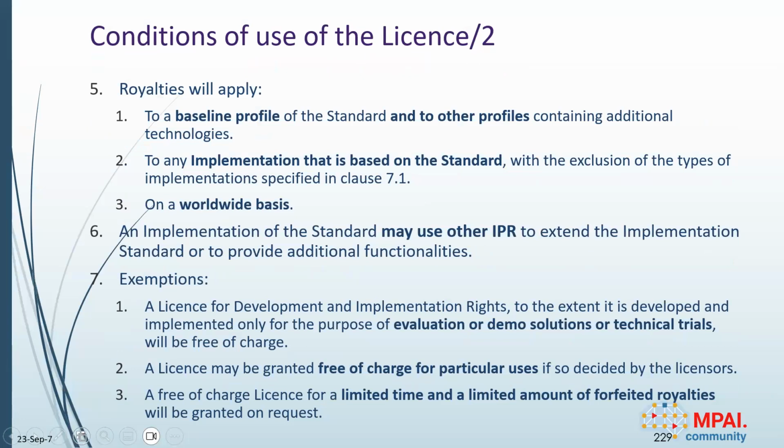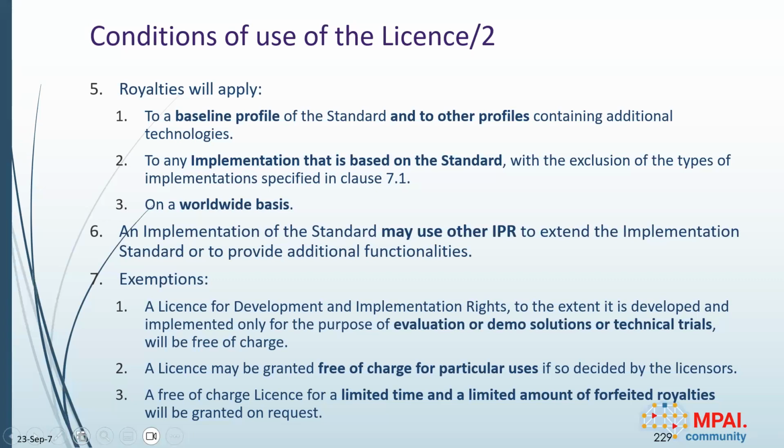Then royalties will apply to a baseline profile, but also to other profiles, if there will be other profiles, to any implementation that is based on the standard, but we exclude certain types of implementation that I will introduce in a second, and of course on a worldwide basis. Then an implementation of the standard may use intellectual property rights to extend the implementation of the standard or to provide additional functionalities.